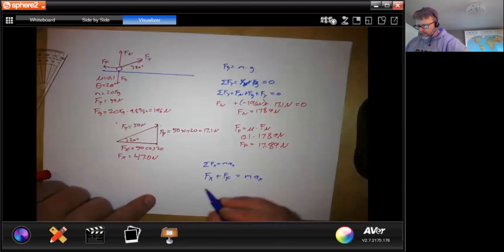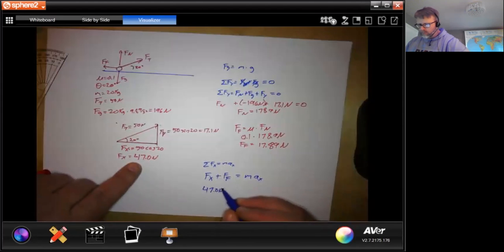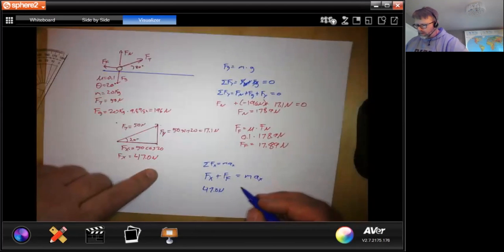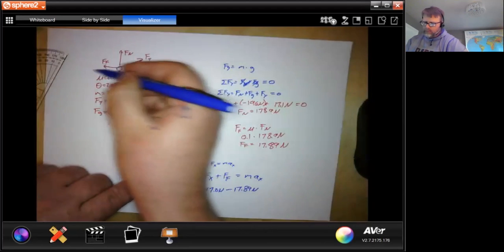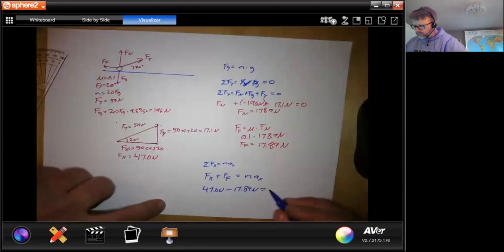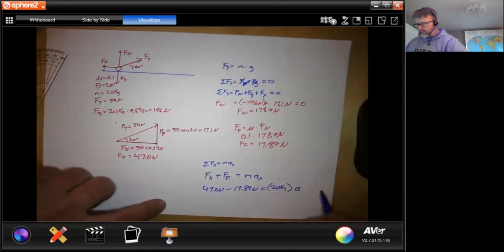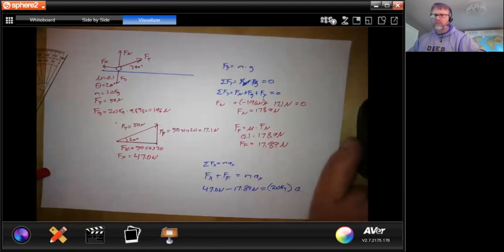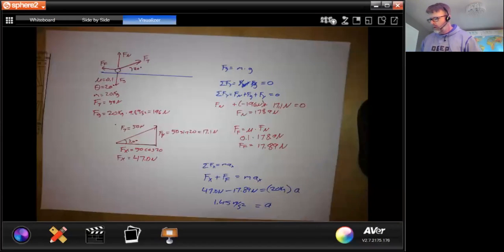So we had 47 newtons pulling to the right, and we have 17.89 newtons pulling to the left. And that's going to equal our 20 kilograms times A. So I just plug this into the calculator and I get my acceleration.